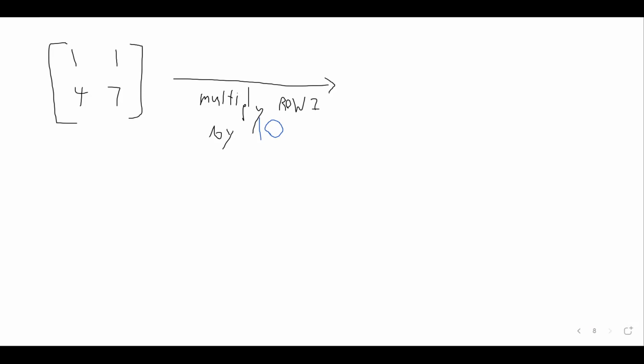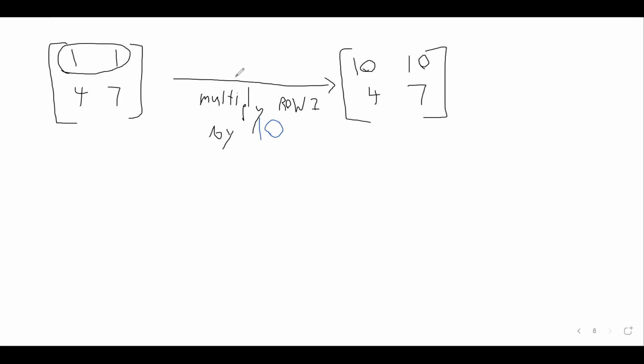Well, what would that result in? That would result in a matrix where all the entries in the first row are multiplied by 10. So it would be 10, 10, 4, 7.